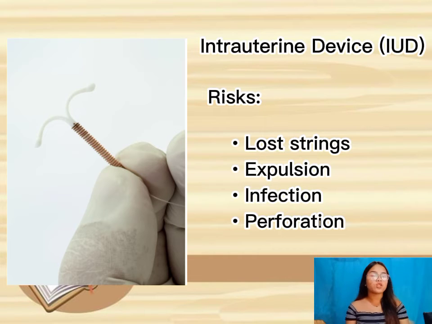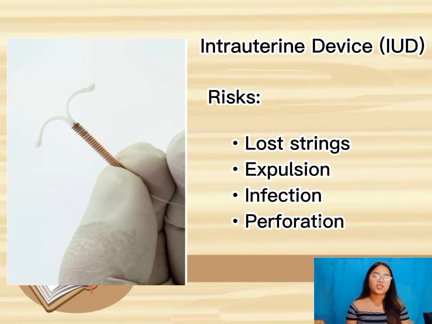Second, expulsion. Expulsion occurs when the IUD has moved from its intended position at the top of the uterus. This is one of the more common complications and occurs in 2 to 3% of patients using an IUD. The two types of expulsion are complete and partial.